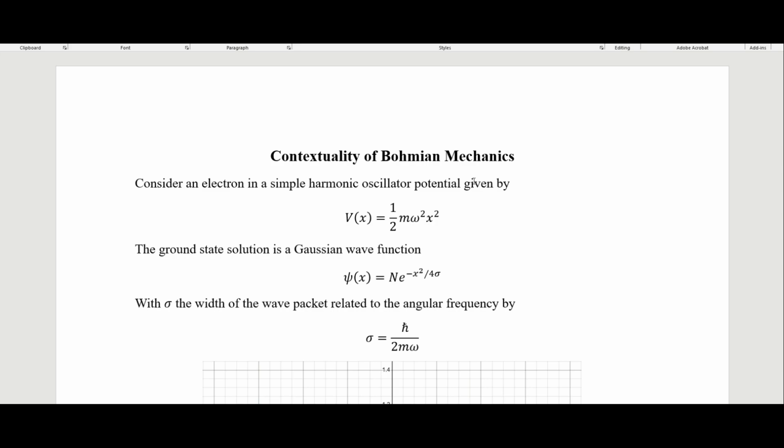But what we want to show with Bohmian mechanics, which is a hidden variables theory, is that it too is contextual and non-local, which are two things you wouldn't expect from a hidden variable theory, but we know from the Kochen-Specker theorem and from Bell's theorem that we need our quantum mechanics theory to be both contextual and non-local.